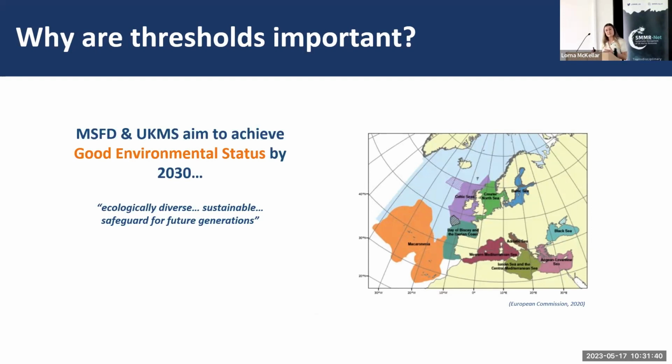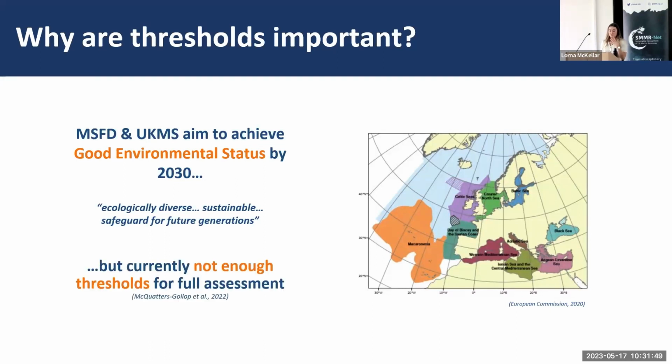And that obviously means that we need to not only assess the current status of these different areas, but we need to know and define what good status is as well. But there's just currently not enough thresholds available to carry out these assessments and to define good environmental status. So that's where my project's coming in and looking to define a framework moving forward for setting these thresholds for good status.